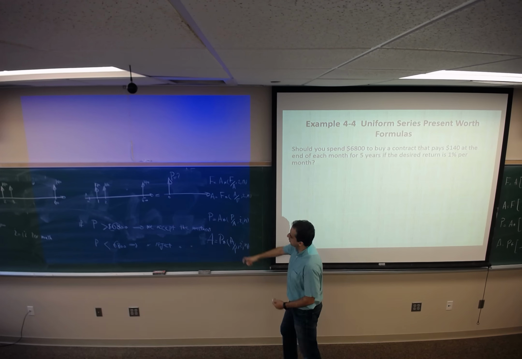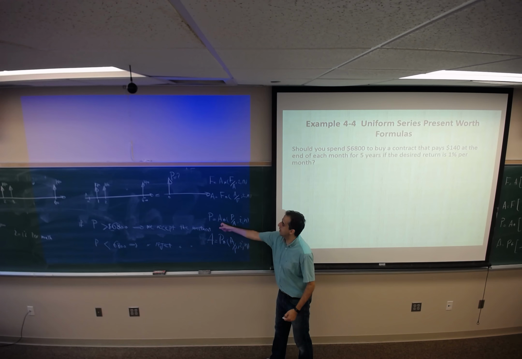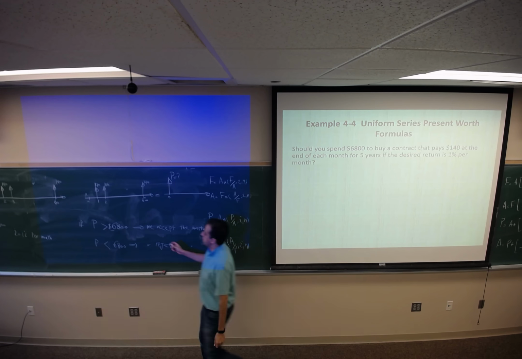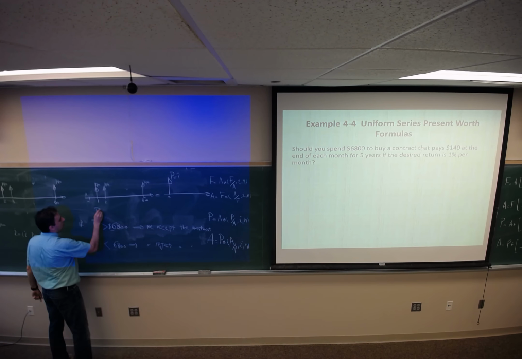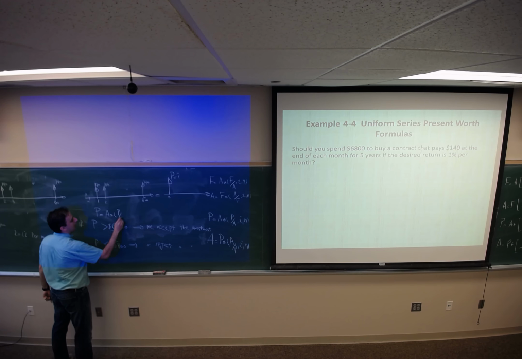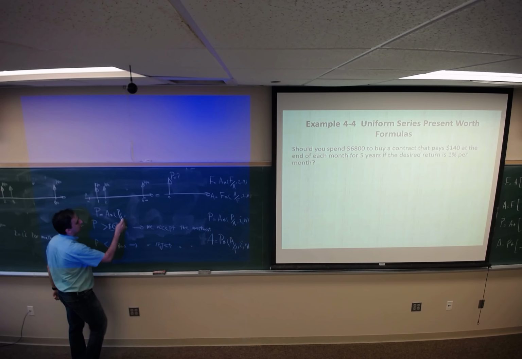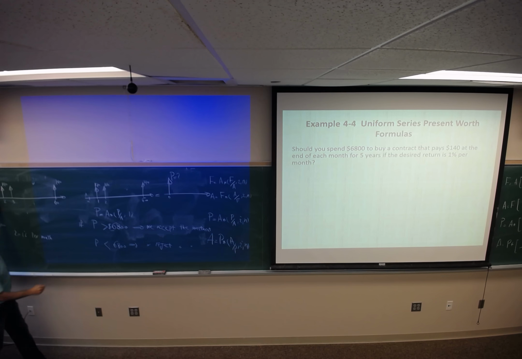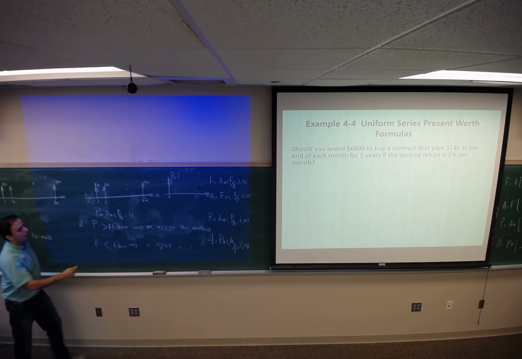Alright, so to do that, we are given A, we are looking for P. We are looking for P when A is given. So P would be A times P over A. I is 1% per period of time, which is month. Number of periods is 60.